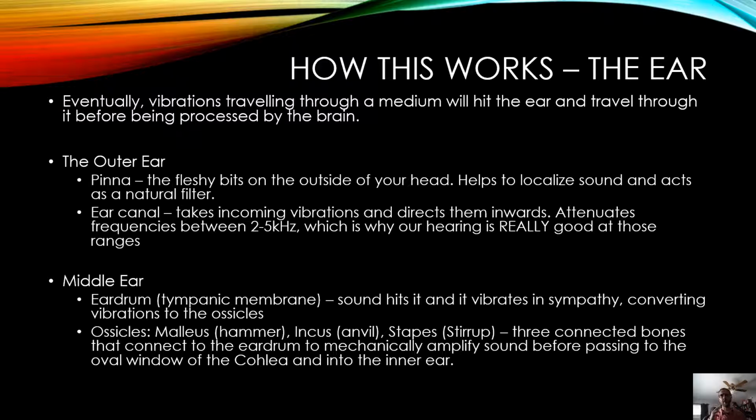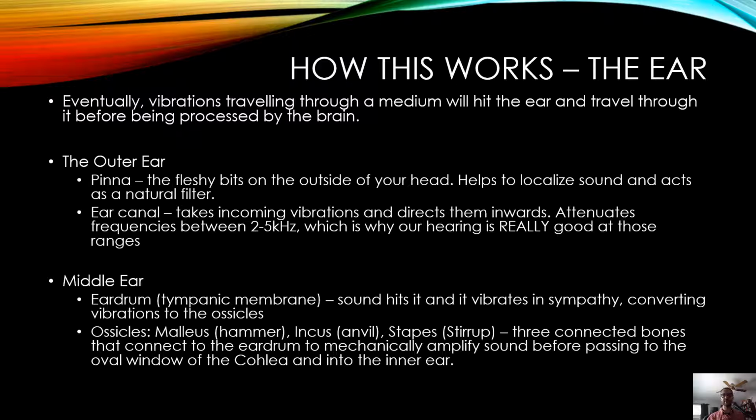Once it gets through the ear canal, it goes to the middle part of the ear, where the sound hits the eardrum, also known as the tympanic membrane, because, drum, tympanic, hey. Yeah, that's a terrible pun.